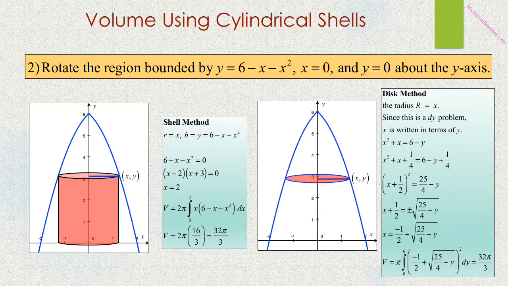So that's our expression for x, and therefore our volume will be pi integral from 0 to 6, because our disks are stacked from y equals 0 to y equals 6, of our radius, which is x, which is -1/2 plus the square root of 25/4 minus y, quantity squared dy. If you choose to do this, you'll probably have to do this on the calculator, and you end up getting the same answer, 32 pi over 3.